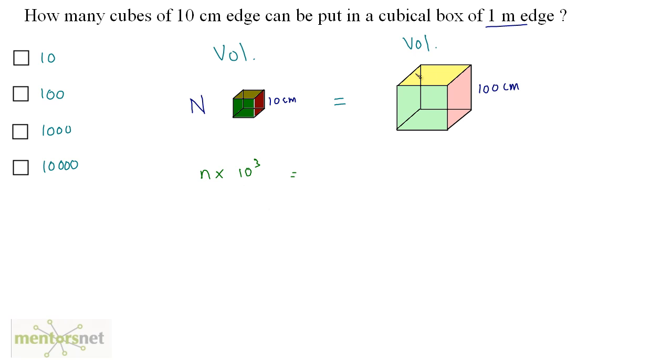We have 1 cube of 100 centimeters, so its volume will be 100 cube, isn't it? So n times 10 times 10 times 10. We have expanded it, and this can be written as 100 times 100 times 100. Okay, cancelling out 3 zeros and these 3 zeros. We have n is equals to 1000, right? So we require 1000 smaller cubes. Option C.